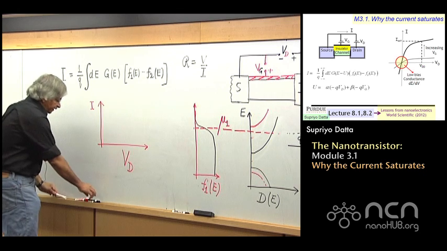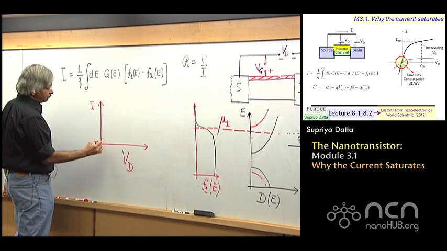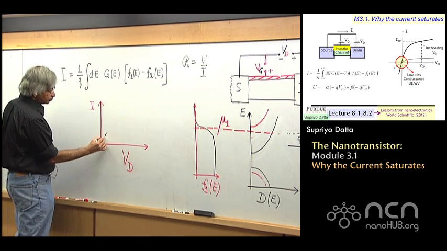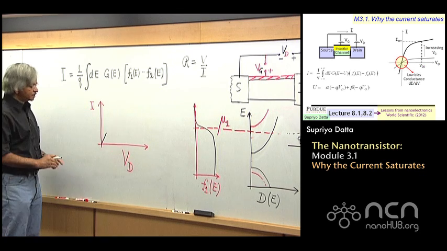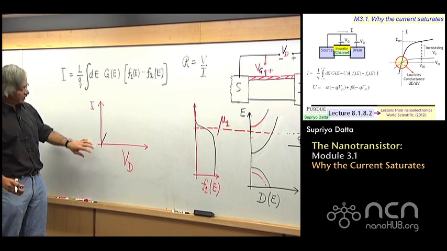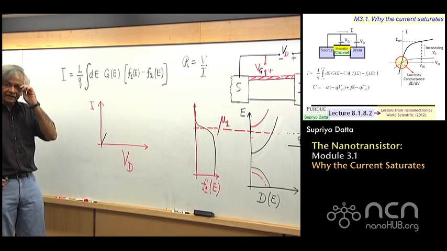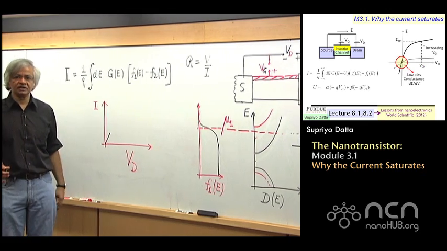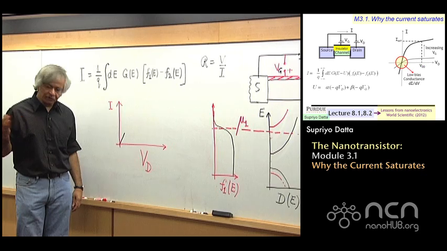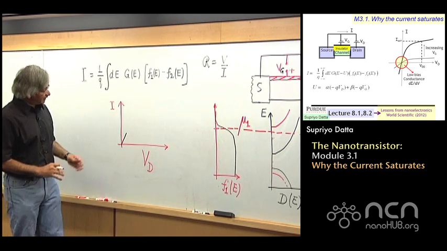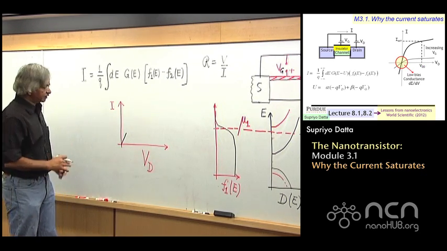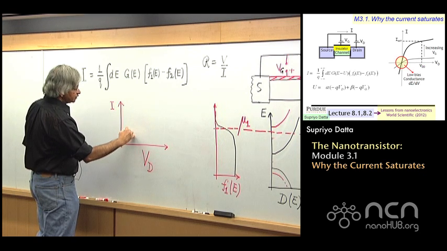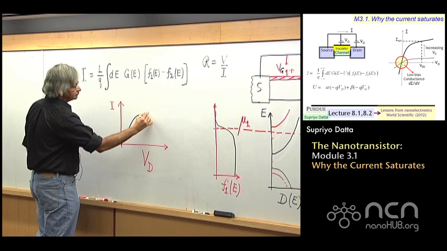So what you'd see then is, for low drain voltage, current is proportional to the voltage, and so you see something increasing linearly. And if you looked at the slope of that, that would give you the conductance that we talked about. That's kind of what we have been focusing on in the first 2 weeks. But then if you increase the voltage further, it actually levels off.